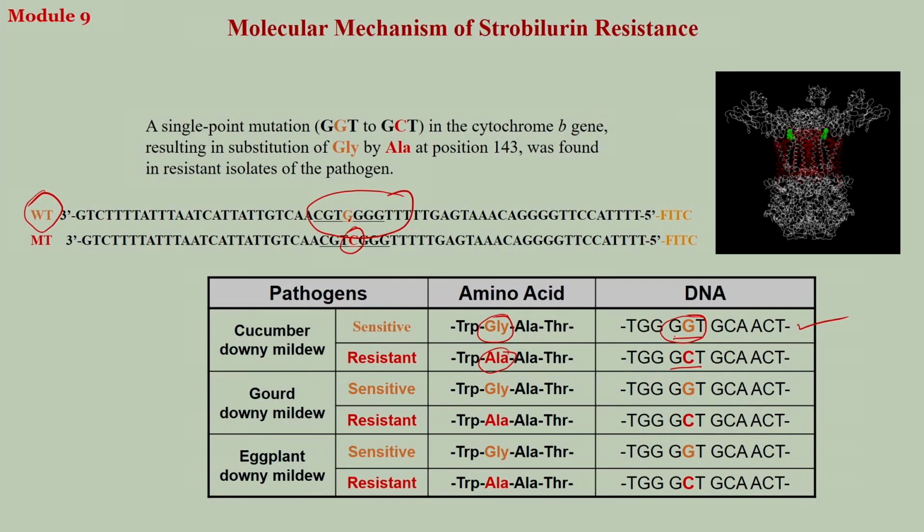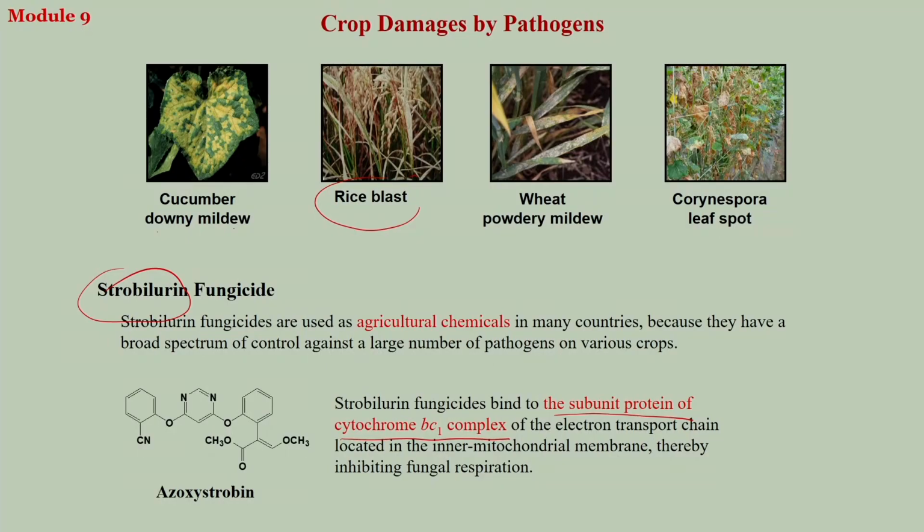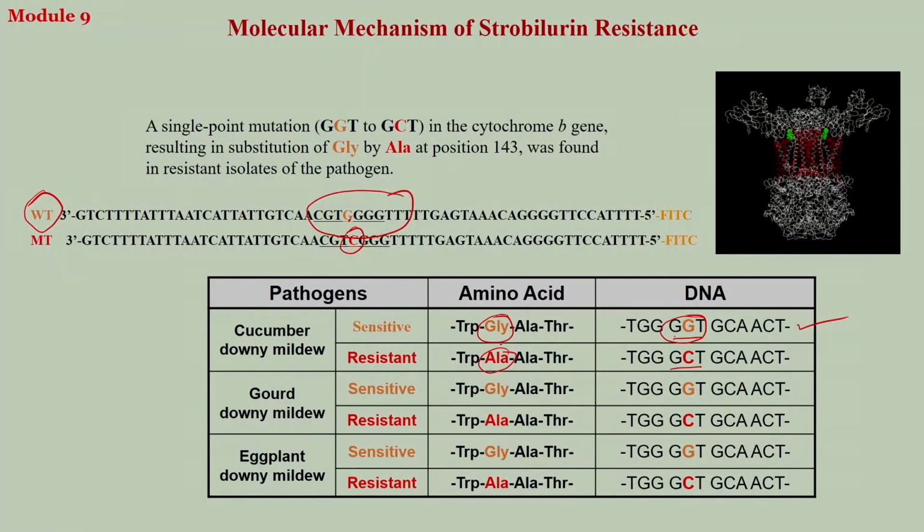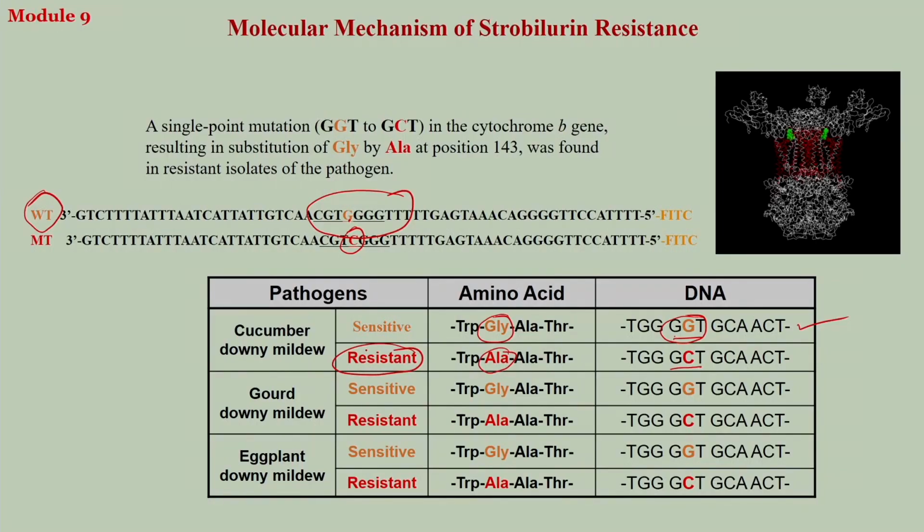The moment it becomes alanine, the rest are all as it is, but the active site of the protein gets changed. So, the organic molecule, which used to be bound to the active site of the protein, can no longer bind, and therefore it cannot kill the pathogen. So, the microorganisms become resistant to the fungicide.